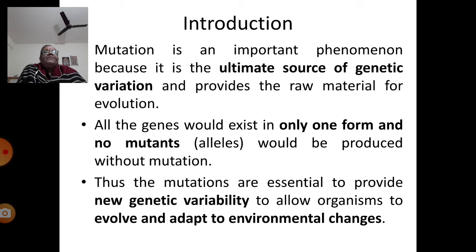And all the genes would exist only in one form, and you would not find any alleles or mutants. Okay? Without mutation, you will see only one form without any allelic forms. Right? And therefore, mutations are essential to provide new genetic variability and to allow organisms to evolve and adapt to the environmental changes.